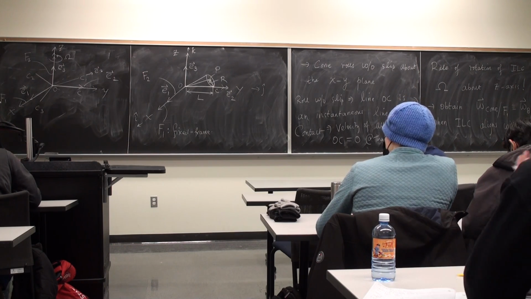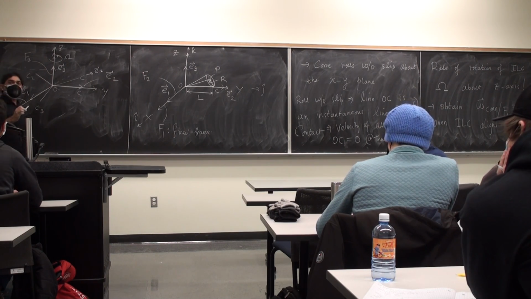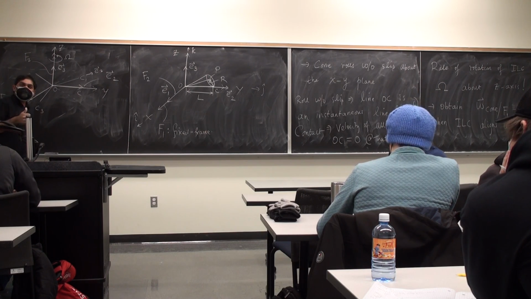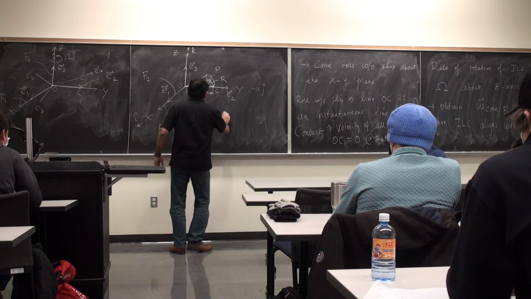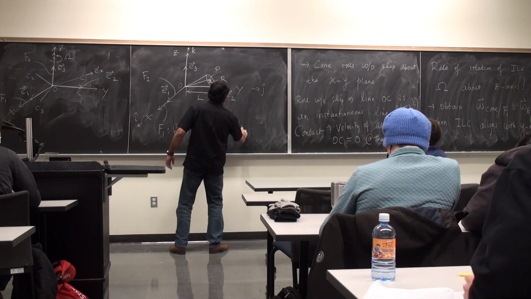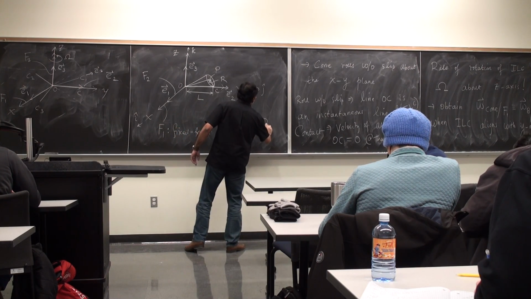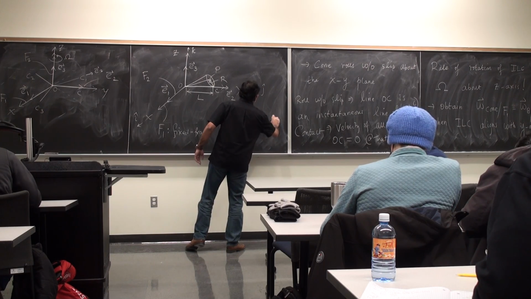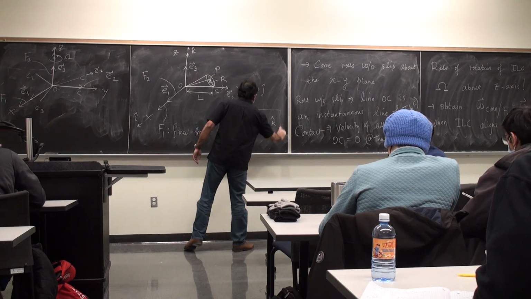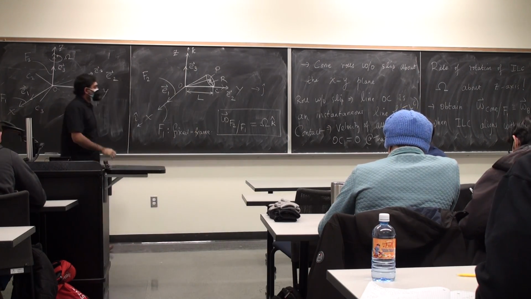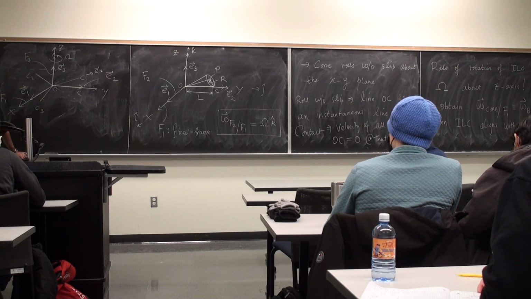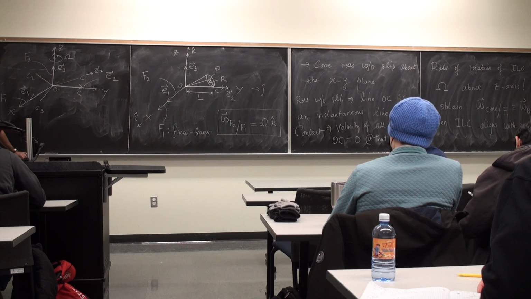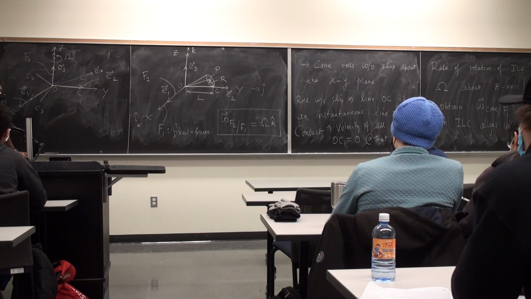Angular velocity of frame F2 relative to frame F1 is omega in the z direction. Omega F2. Makes sense to everybody? I'll set it up and then we'll come back and complete this problem very quickly in our next class.